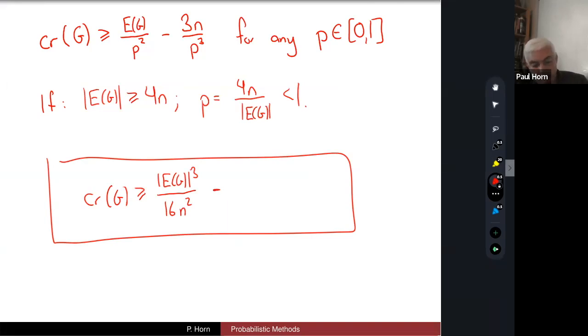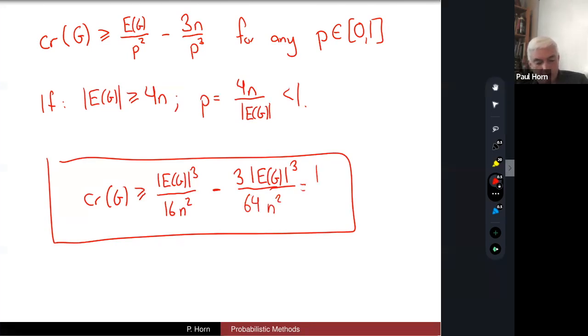minus, on the other hand, I'm dividing this by p cubed. So when I do this, I'm going to get 3 times the number of edges of G cubed over 4 cubed, and 4 cubed is 64, right, n squared.